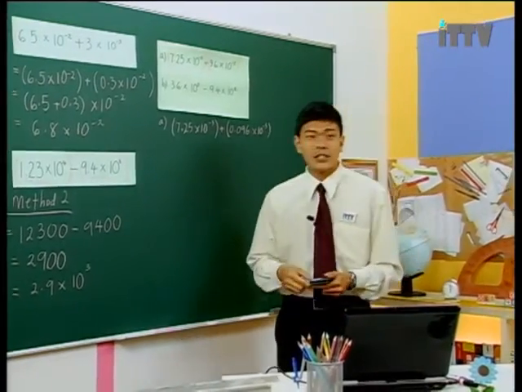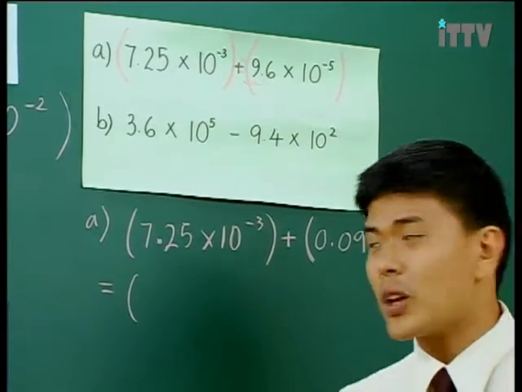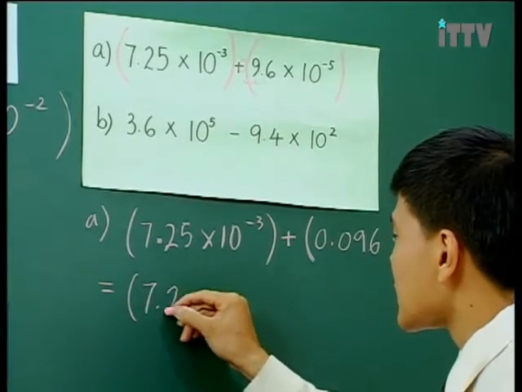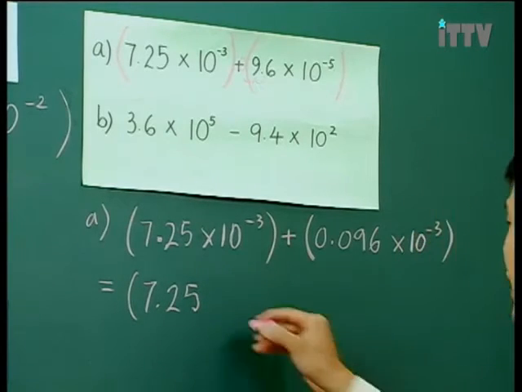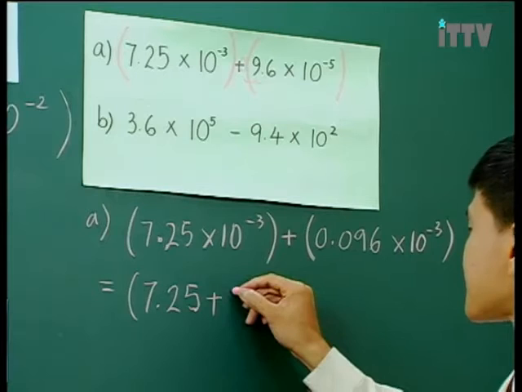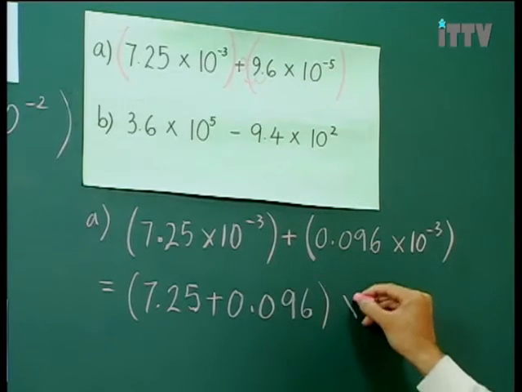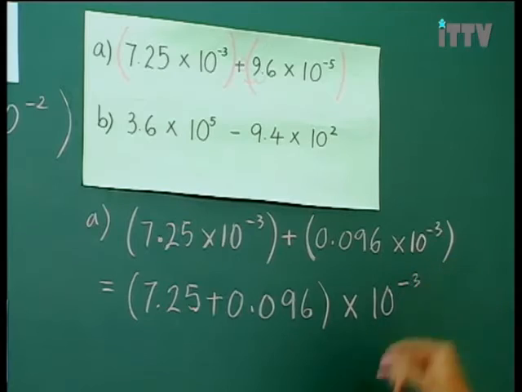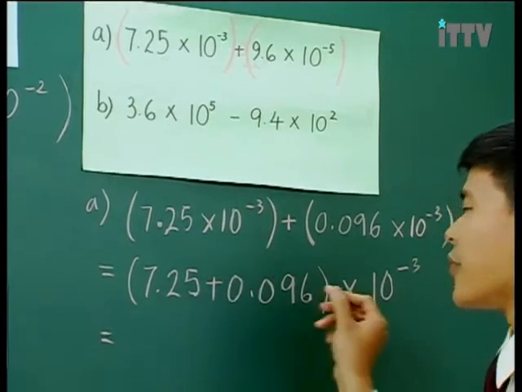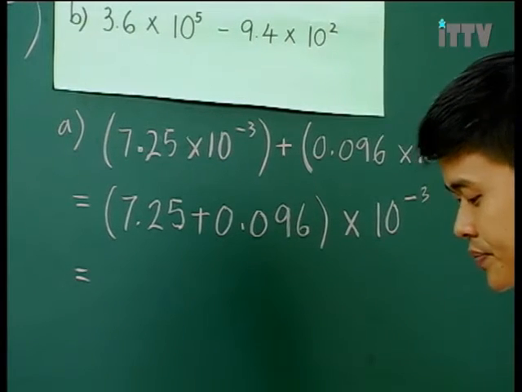Okay, now next step, remember, factorize. Once you have changed them both to the same index, you can add or subtract according to the numbers that are in the brackets. Then rewrite minus 3, and perform the operation inside the bracket using the calculator.